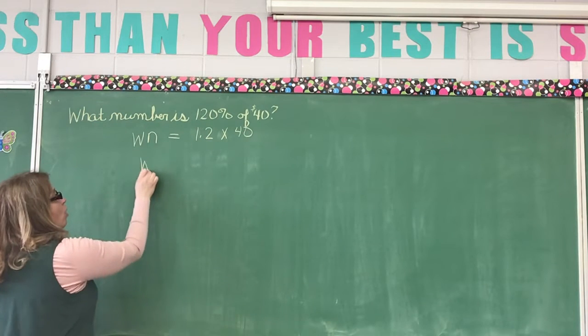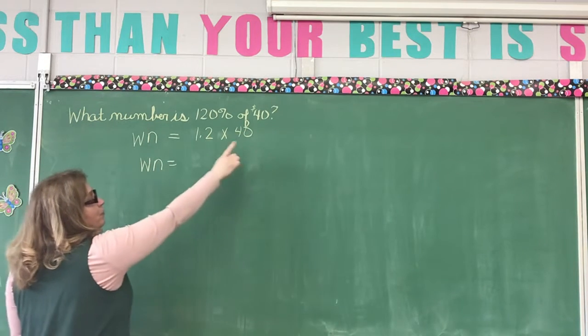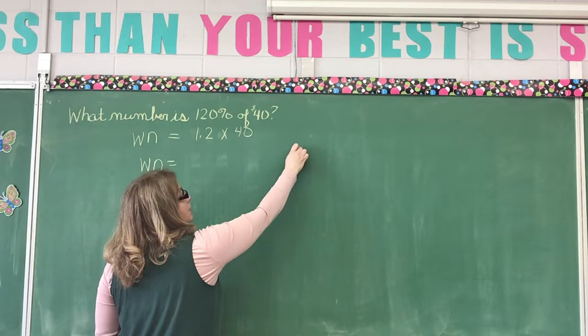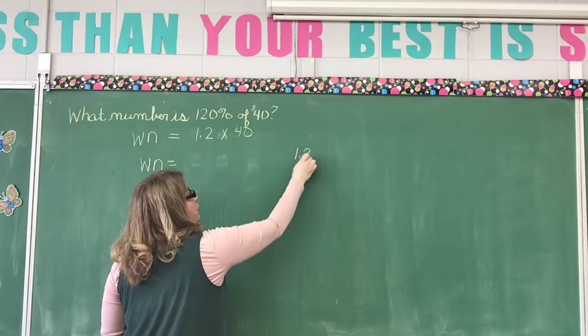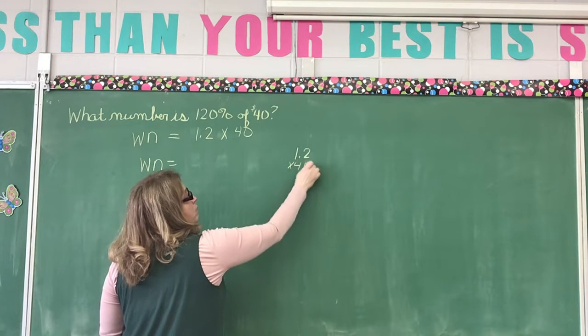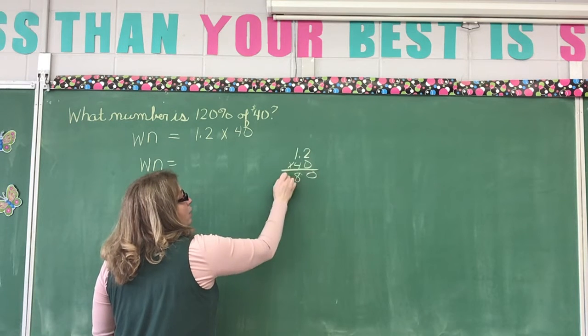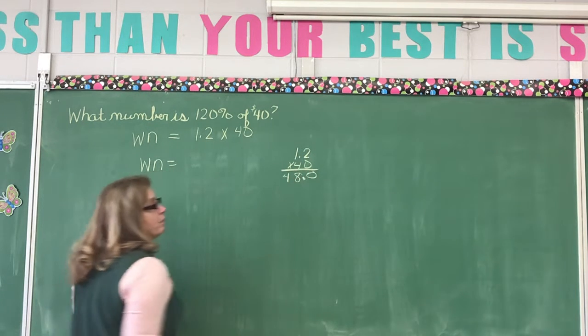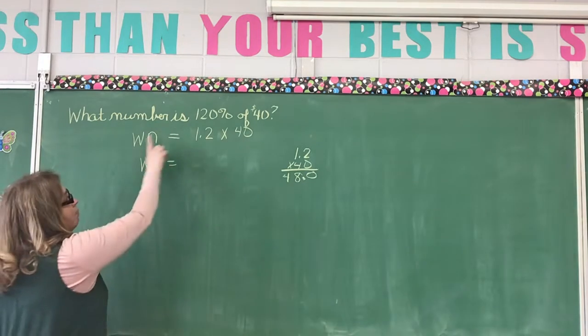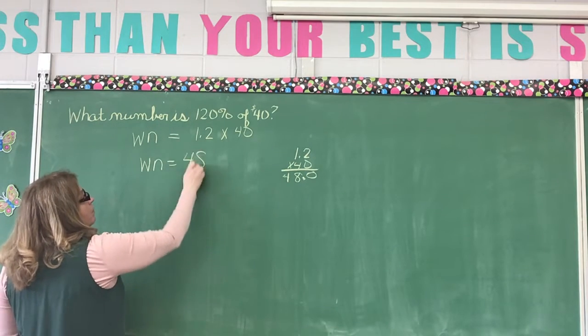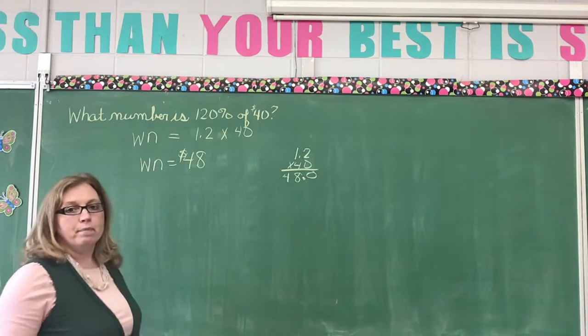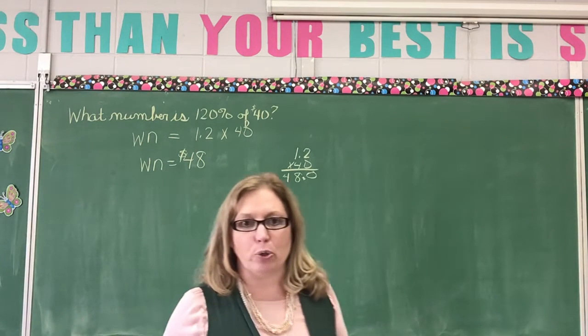Okay, so all we're going to really do is go over here to the side and we're going to say 1.2 times 40. Okay, and we're having to do it the other way around. So we have 8, we have 4, we have 1 decimal point. So what is the price? He bought them for $40. He's going to sell them for $48.